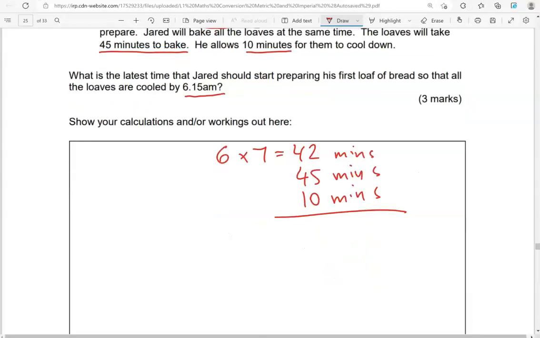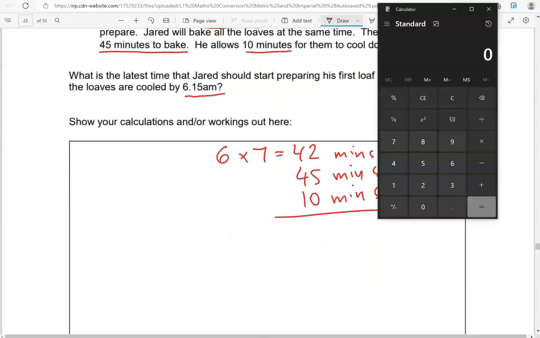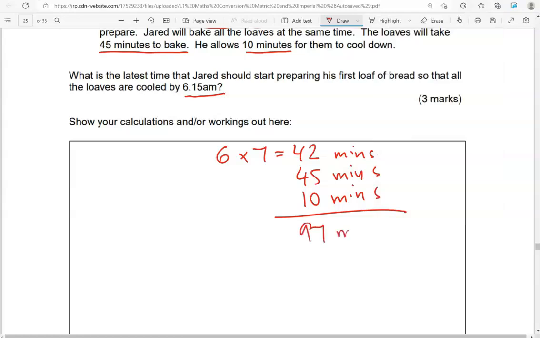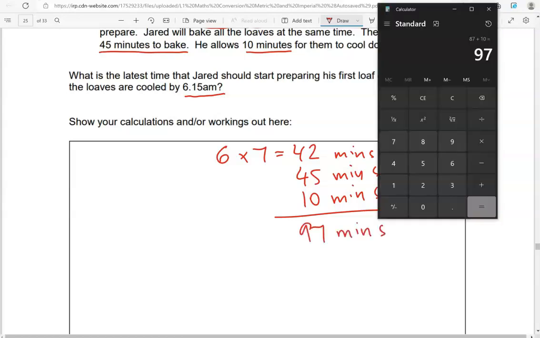So that is 42, add 45, add 10, 97 minutes in total. If I take away 60 minutes, that gives us 1 hour, 37 minutes.